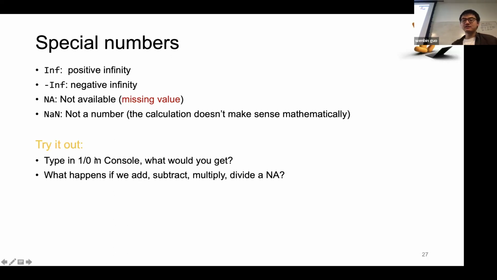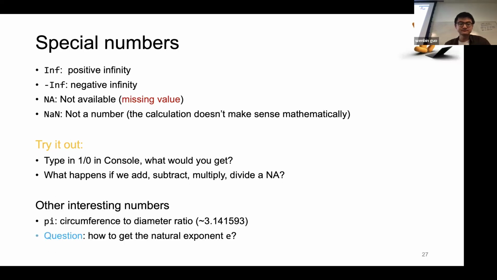If you type in 1 divided by 0 in the console, you will probably see infinity. If you try to add an NA value to a constant, or subtract, multiply or divide, you will also end up with NA. I'm not going to show the demo here, but you can try it on your own. I think it's pretty straightforward.